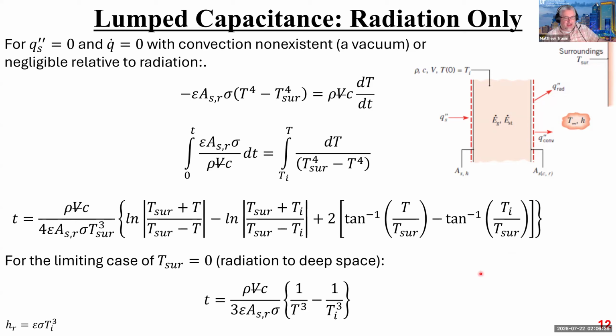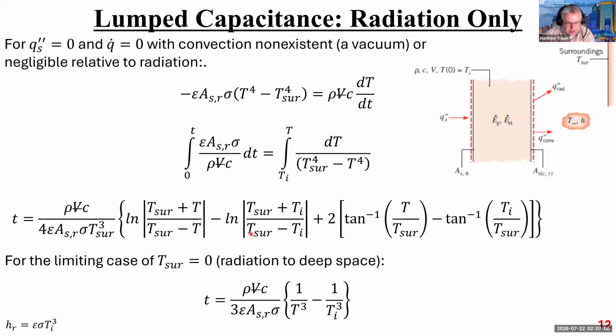But what if you're actually out in space and you're radiating to deep space? Deep space is pretty darn close to zero, right? It's microkelvin. So for engineering purposes, we just set that equal to zero and plug it into this equation.